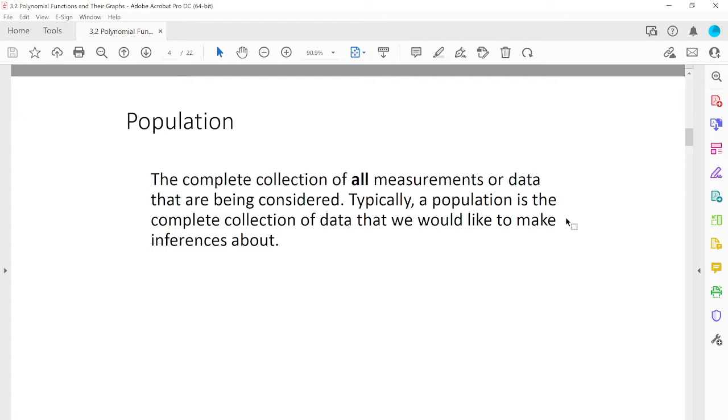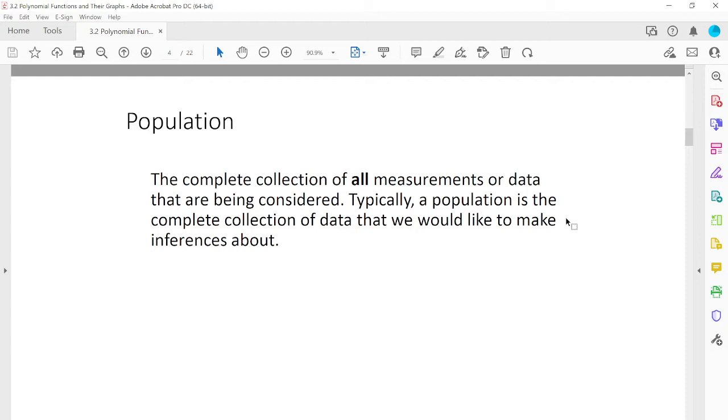Population means whenever we collect data, for any reason, the population is the entire thing. It's the complete collection of all data that are being considered. Typically, a population is the complete collection of data that we would like to make inferences about.